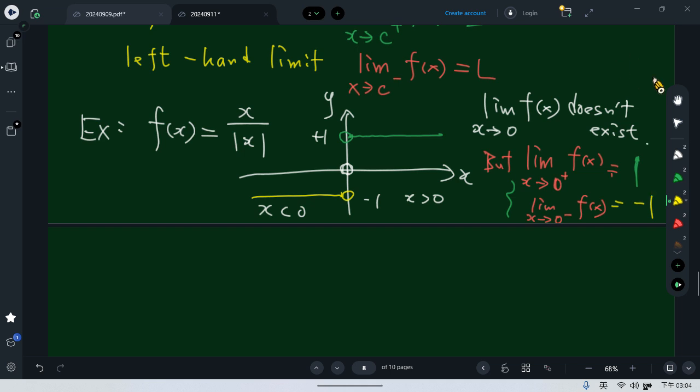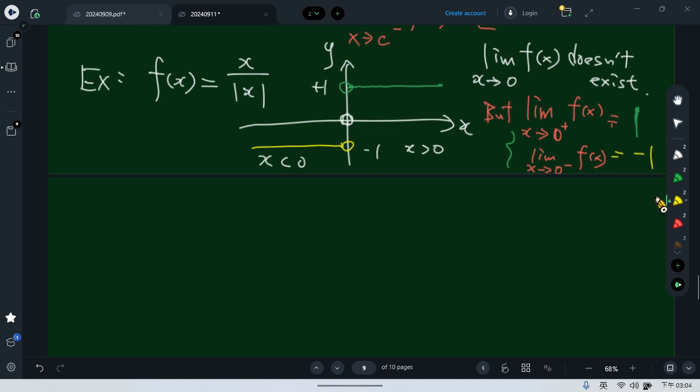Right? So you can see in this case, even though we don't have a two-sided limit for x approaching 0, we still have two one-sided limits. But these two one-sided limits are different. For one side it is 1, for the other side it is -1. So then we can conclude a theorem.